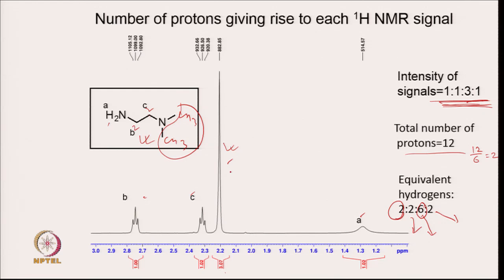Third we have already assigned, and the fourth, since it is attached to the N group directly, will come at this position. So, just based on what we expect of chemical shift values, we can assign this spectrum.